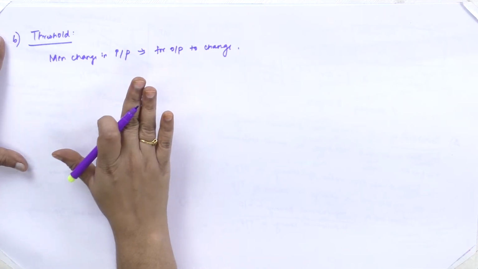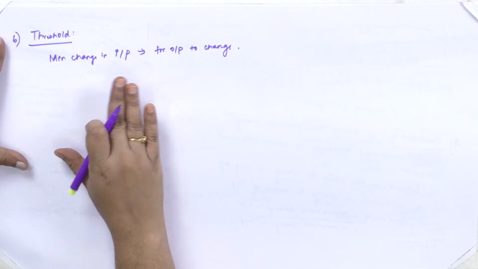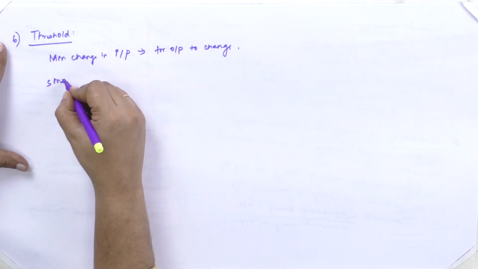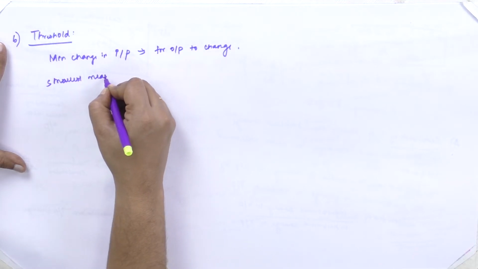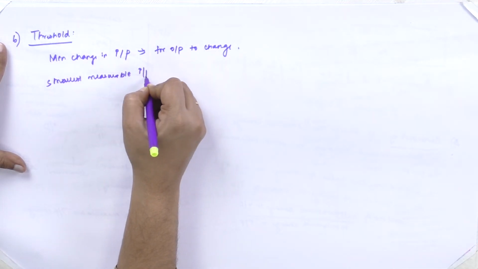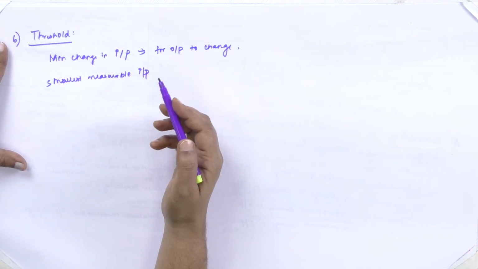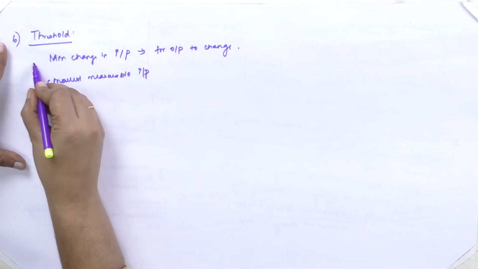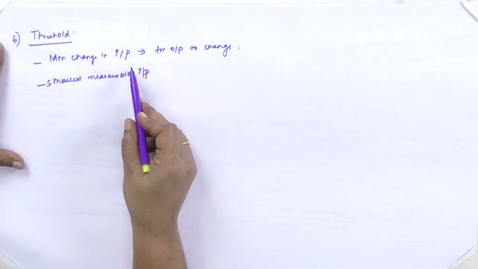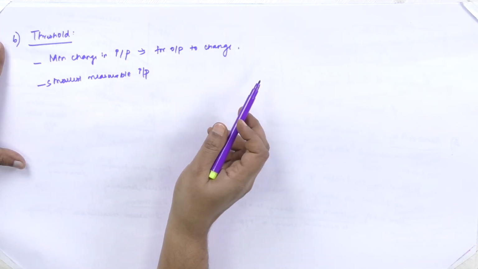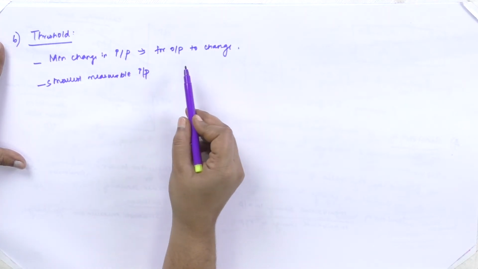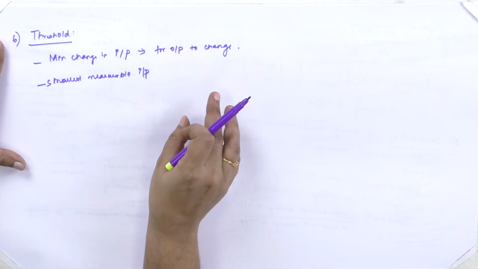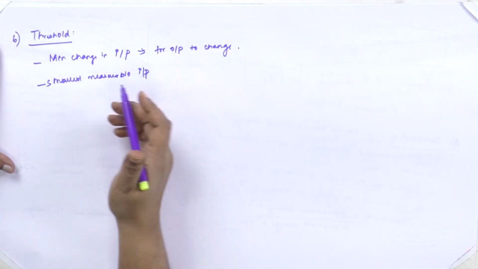We have seen that resolution is the smallest measurable input change, whereas threshold is the smallest measurable input. There must be a minimum input so that the output starts varying. Until that minimum value of input is reached, the output will not change. The value where the output starts to vary is called the threshold value.